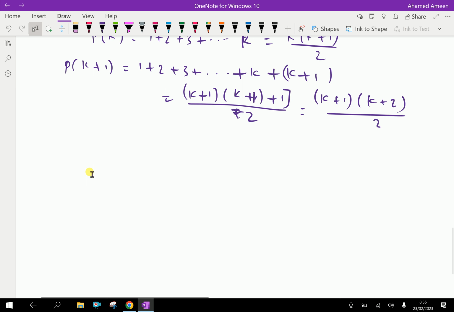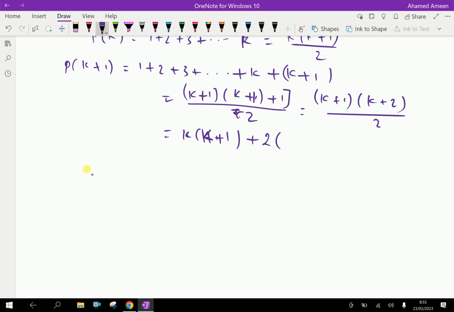Further, you can explain this as k into k plus 1 plus 2 into k plus 1, by 2.